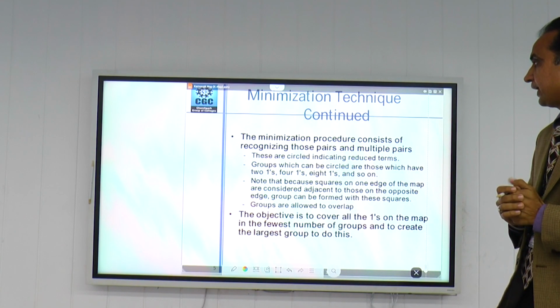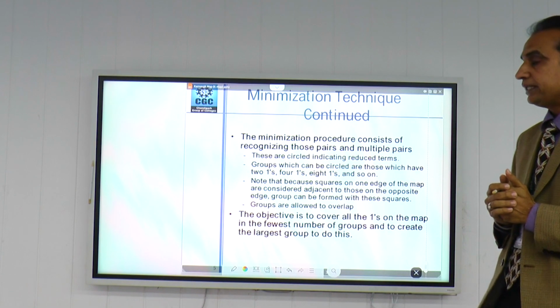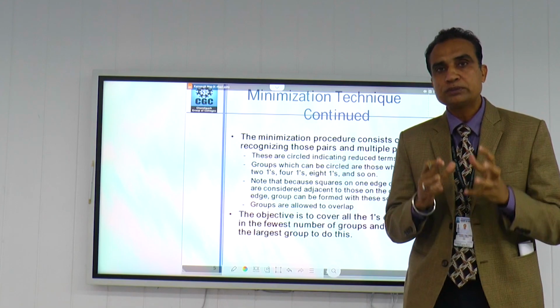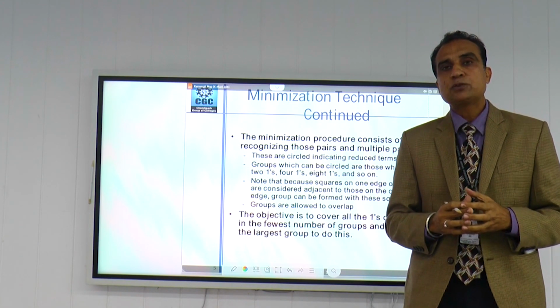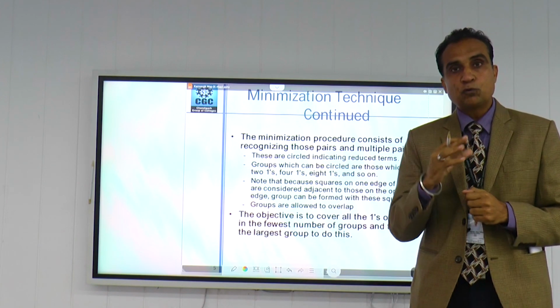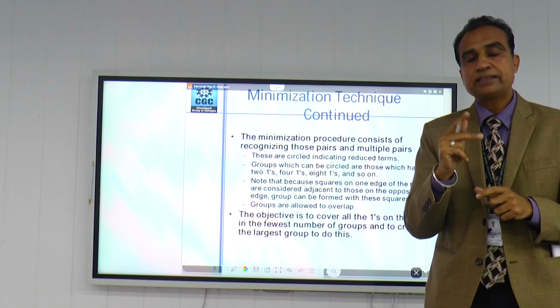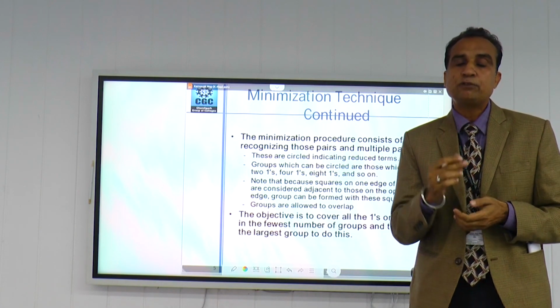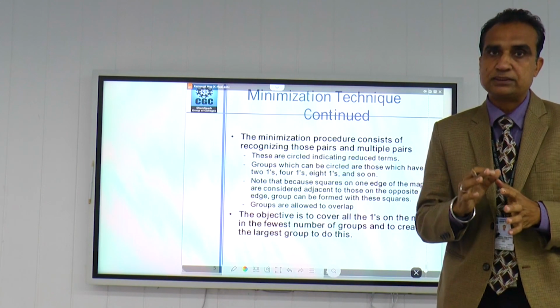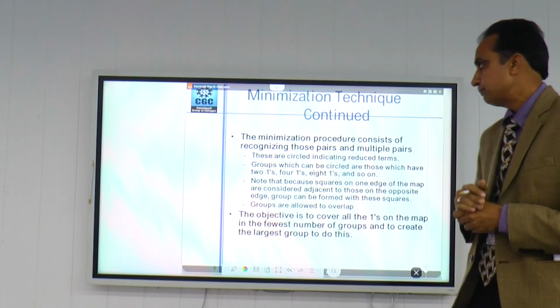The groups which can be circled are those which have 2 ones, 4 ones, 8 ones. Two adjacent ones can create a single group. Similarly, 4 adjacent ones can create another group. Similarly, we can create a group of 8 ones. This is the way we can create groups in K-maps.